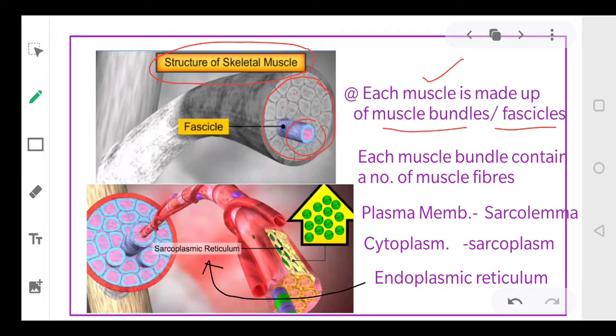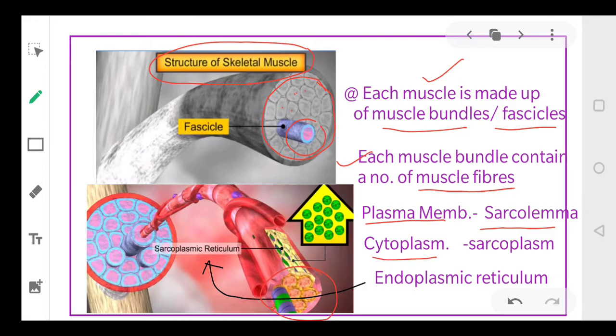And each muscle bundle contains a number of muscle fibers. Dear students, in the case of muscle fibers, we give them special names. Their plasma membrane is called the sarcolemma.